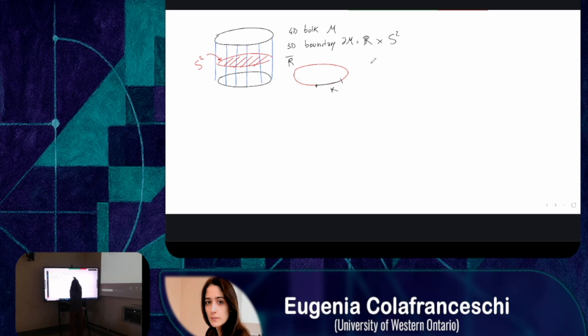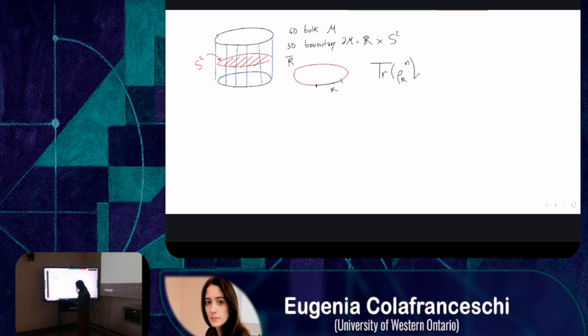And we want to compute the trace of the density matrix reduced to this region R to some power n, because of what I told you before, that we are interested in computing the Rényi entropy and so the von Neumann entropy.